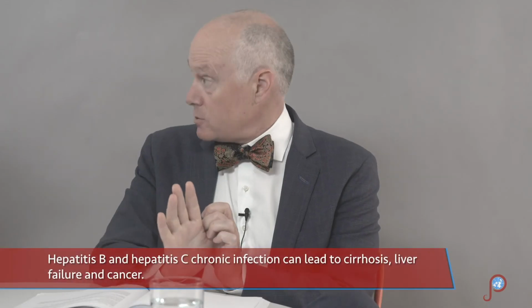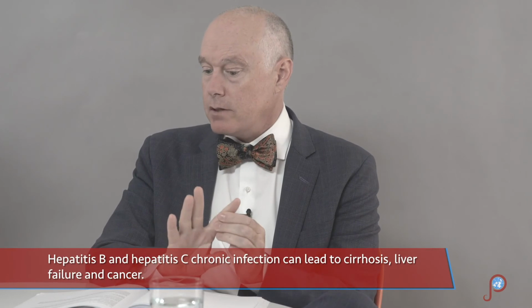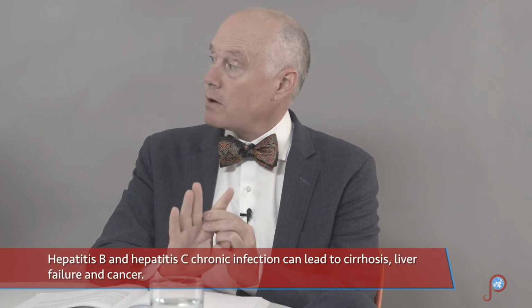So actually, I'm glad you bring that up because you have your hepatitis B or C. You've made it through this acute period of time. Why does it matter that you're infected? What is the problem? So one, I'll say, is cancer. The other is cirrhosis, the scarring of the liver.